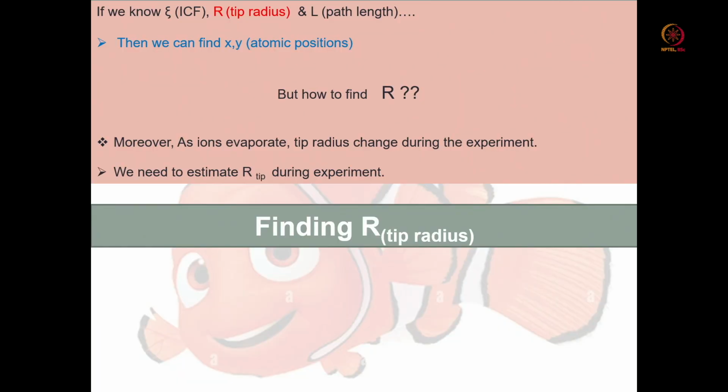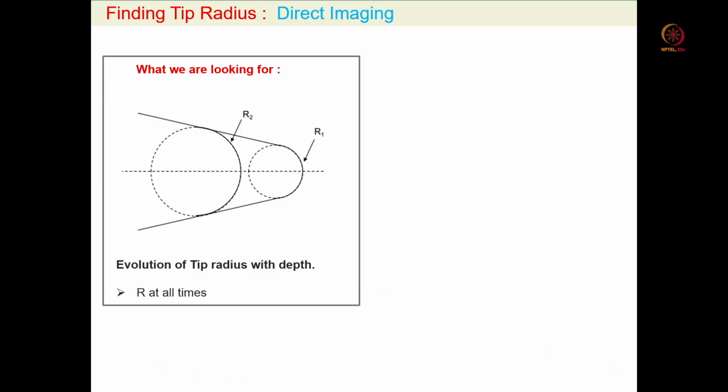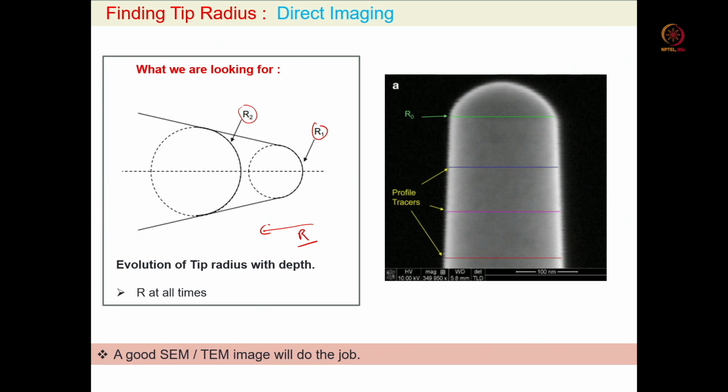Now, how to find the radius? As I told you a few classes back, while field evaporation is taking place, your radius is evolving, increasing from R1 to R2. To keep the detection rate constant, you need to increase the voltage as well. This SEM image shows that the radius is not constant.